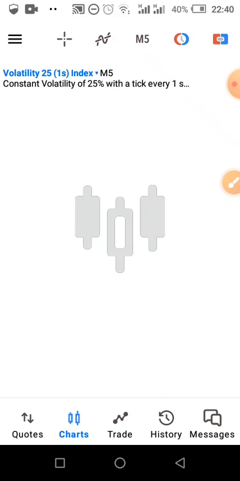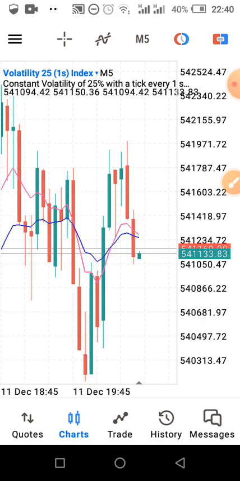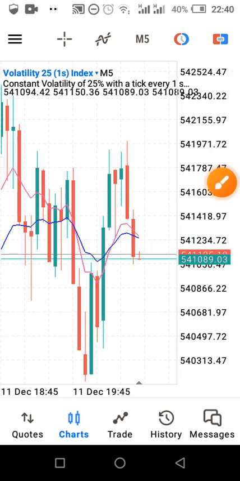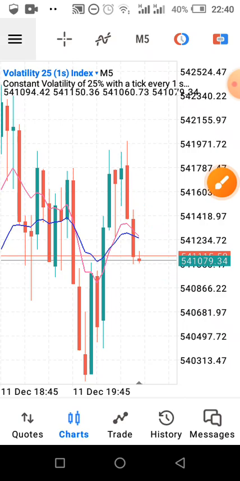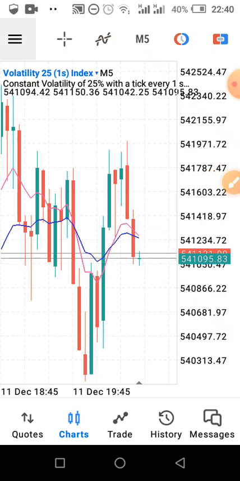Once you have selected to have both the bid and the ask price on your chart, spread now will be the difference between that green and that red line, which is just the price with which you will open a trade right now.